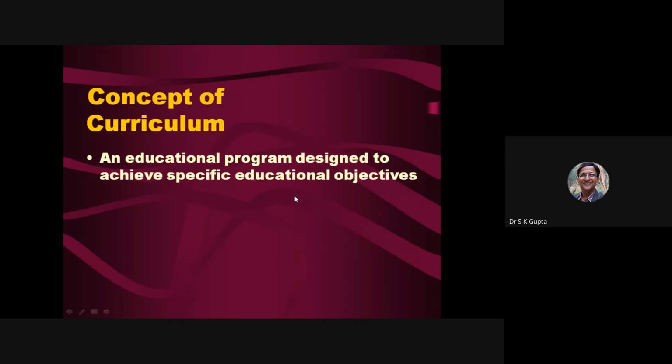Through this educational program, we are to achieve our specified educational objectives, because earlier it was input based, now it is outcome based. Whatever we are teaching in these 4 years of undergraduate program or 3 years of diploma program, with that knowledge and skill, what they will be able to do. So that is very important.